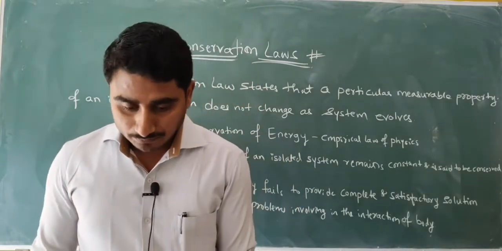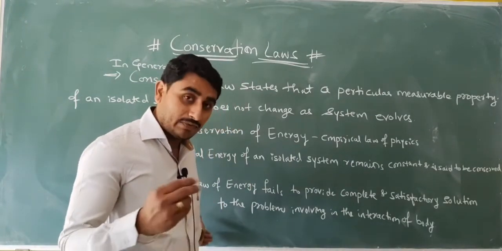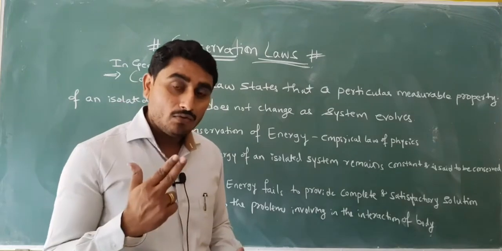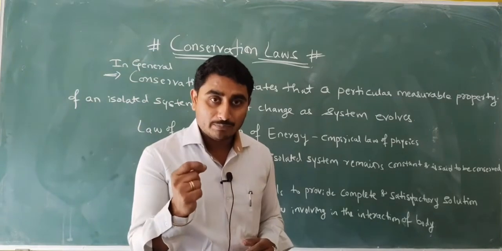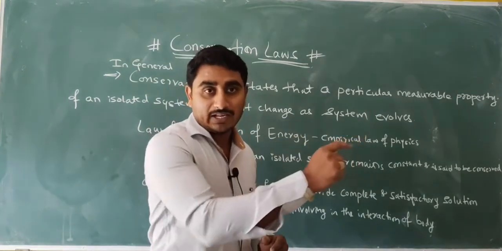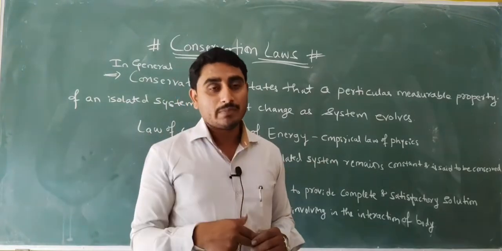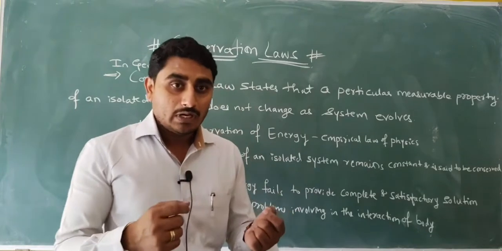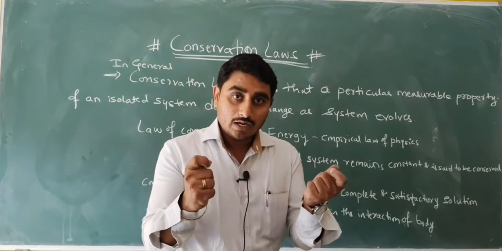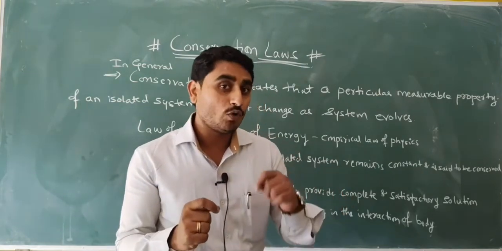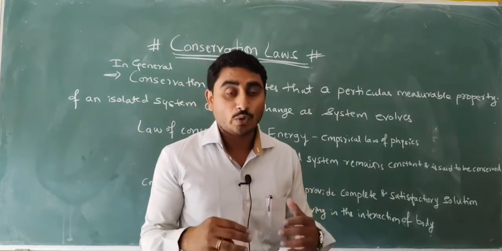First, how does energy fail to give satisfactory results? For example, if I fire a bullet from a gun, the bullet moves in the forward direction and has kinetic energy, and the gun moves in the backward direction. Again there is production of kinetic energy, sound also arises, that is sound energy, and heat also comes, that is heat energy.